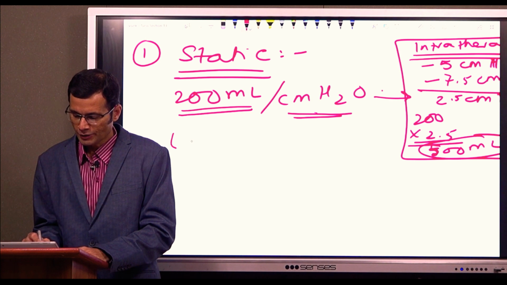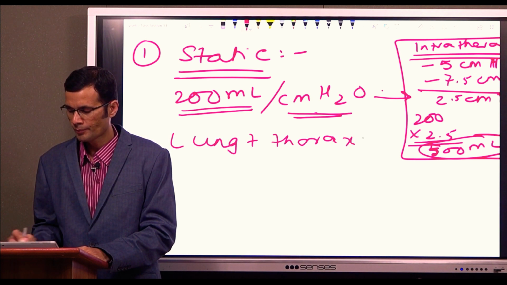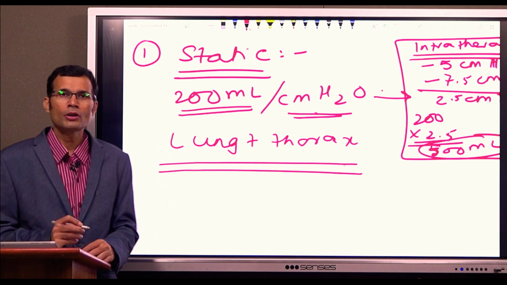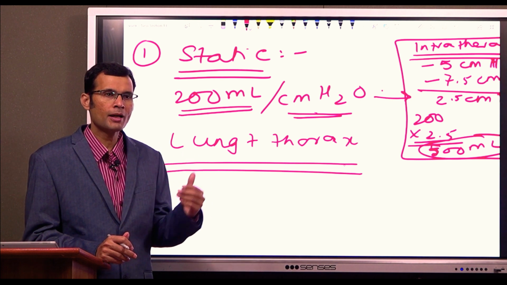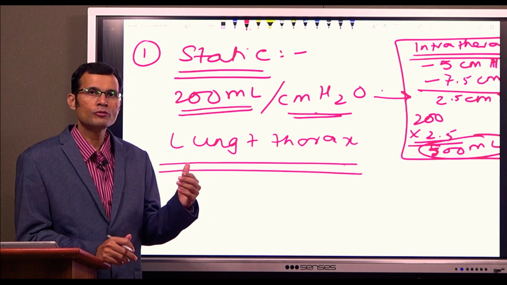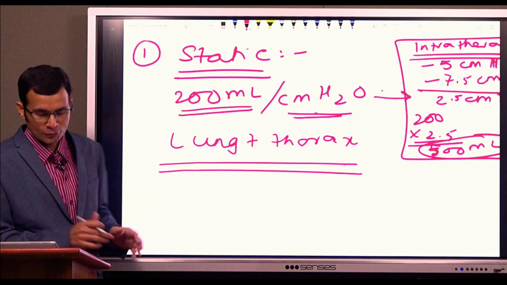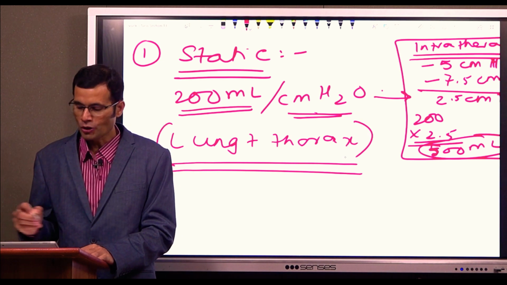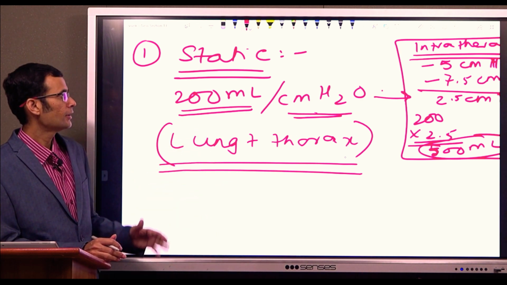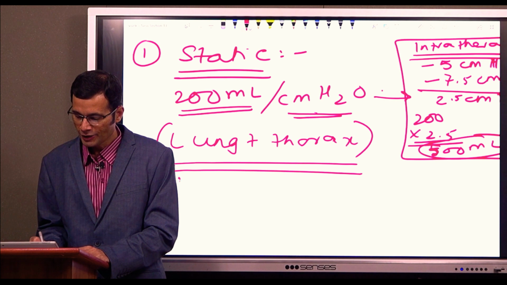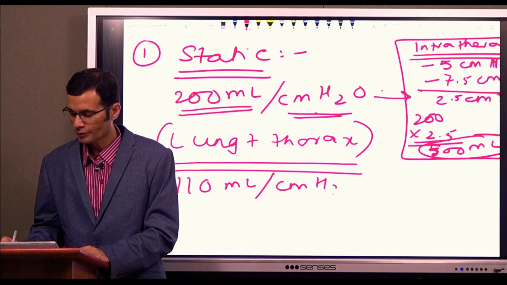If I consider lung plus thorax together, this is an entire system. A thoracic cage expands, then the pleurae will move and the lungs expand. So, if I consider lung plus thorax together, the compliance becomes half, that is 100 to 110 ml per centimeter of water.